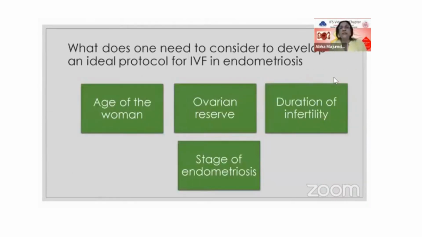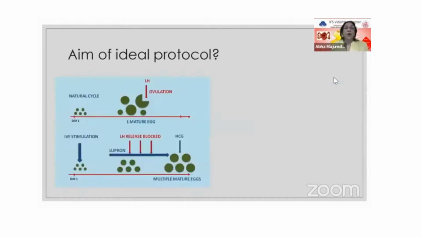What does one need to consider to develop an ideal protocol for IVF in endometriosis? Well, we all understand, like in all indications, age of the woman is very important, her ovarian reserve, her duration of infertility, and most important for a woman who has endometriosis, to see what stage of endometriosis she has. Now, what is the aim of an ideal protocol?